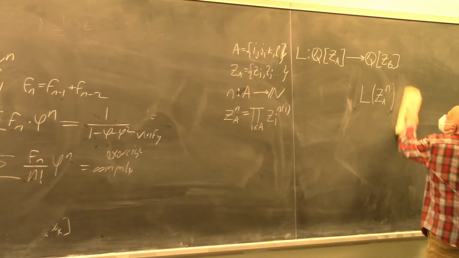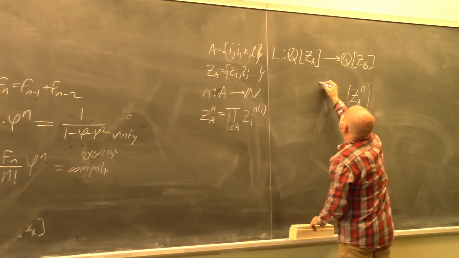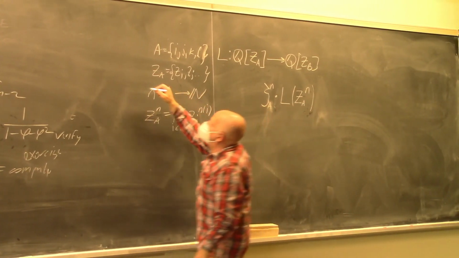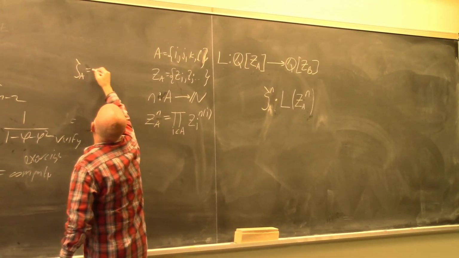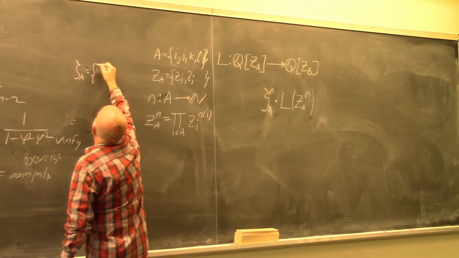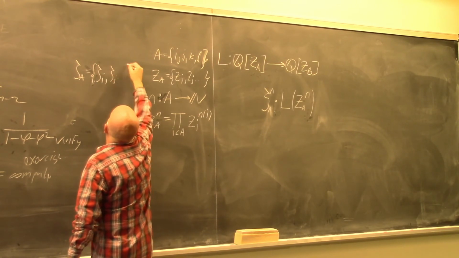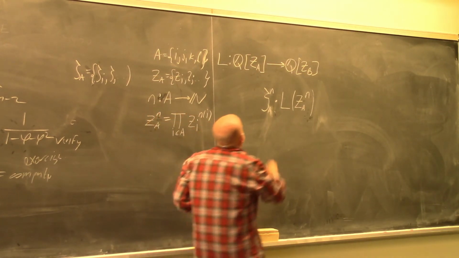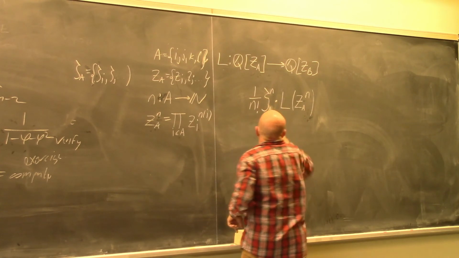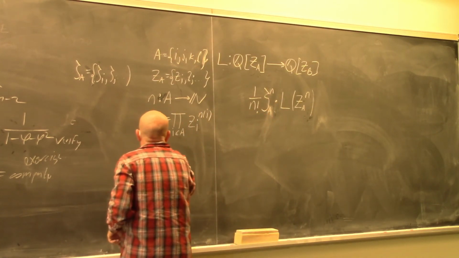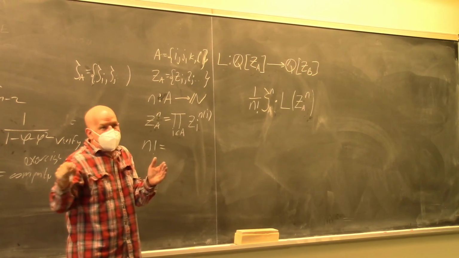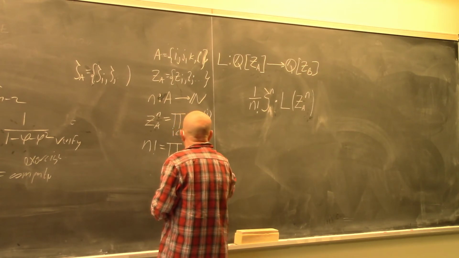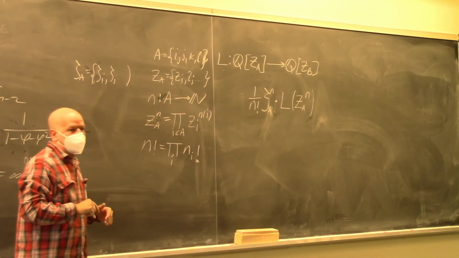So I will multiply by zeta to the n, or zeta_a to the n, where zeta_a is, again, zeta_i, zeta_j, and so on. Zeta to the power n is defined in exactly the same way. I will divide by n factorial. Well, n factorial, when n is a tuple, is defined to be the product over all i's of n_i factorial. It's just the product of the factorials.